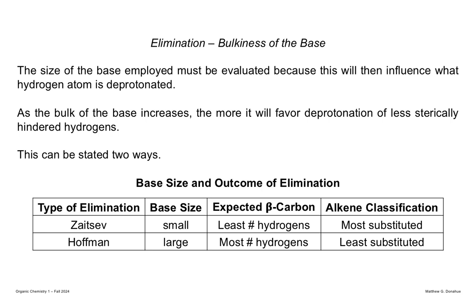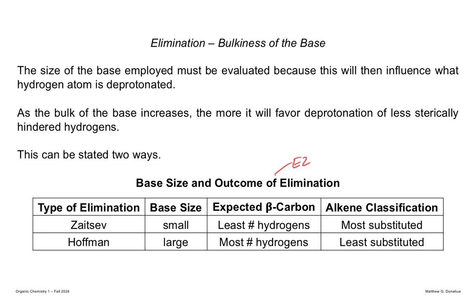So you have these small and large bases that can be oxygen or nitrogen heteroatoms. And so the way that will influence the E2 reaction is by how you match the size of the base versus the accessibility of the beta hydrogens. And so here again is an example of using those names, Zaitsev and Hofmann.